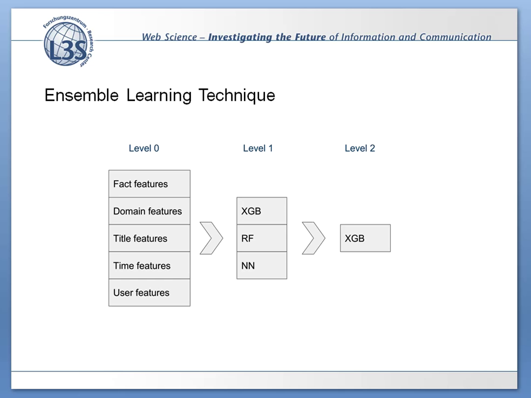And in total, we have 75 different features. We use that as input for our first layer of different classification algorithms: gradient boosting, random forest, or neural network. And in the neural network, we have two hidden layers. We evaluate the individual classification algorithms, and we also use these as meta features for the next layer.